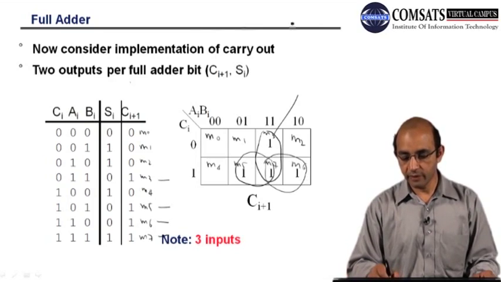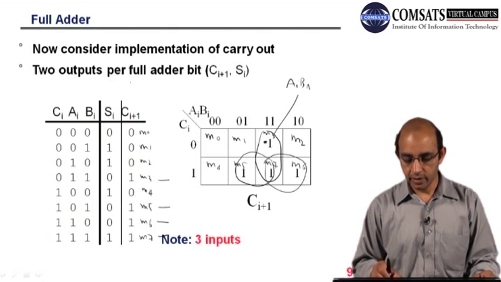And what I will be having is Ai Bi, right? And if I talk about this, for this I have Ci, and Bi, Ai will be eliminated, right?